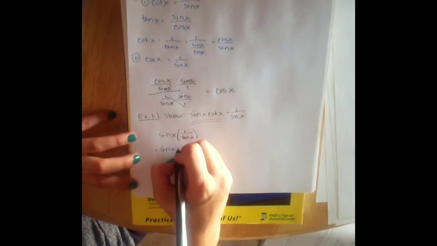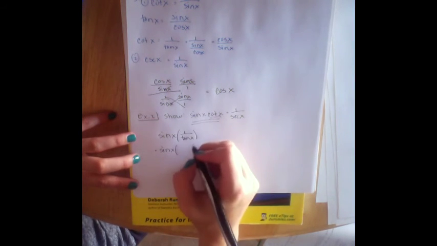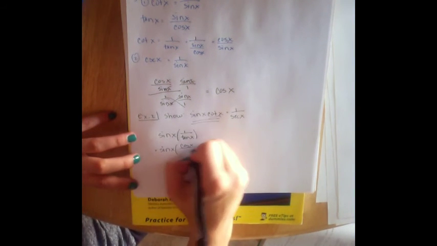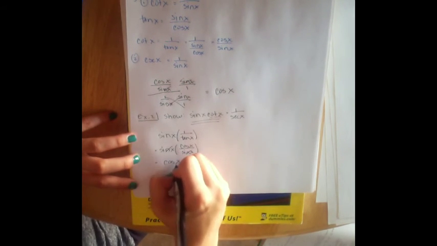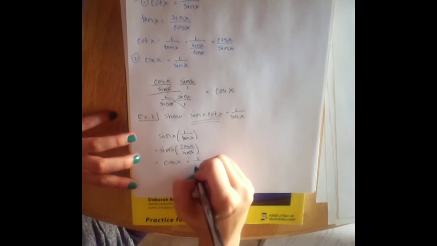Now I also know that tangent of x is sine over cosine, or I could just write cotangent as the cosine of x over sine of x.